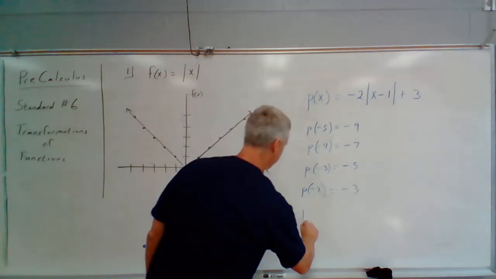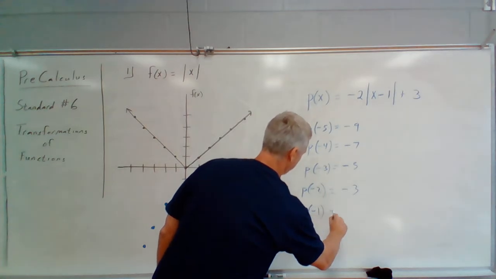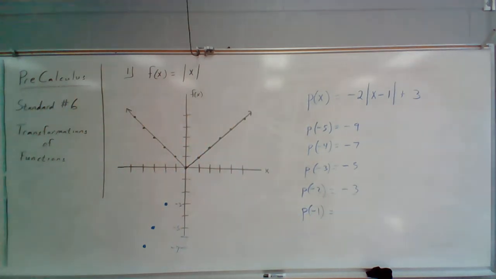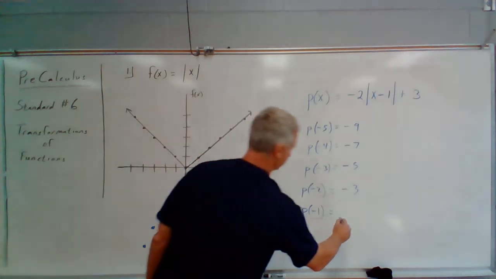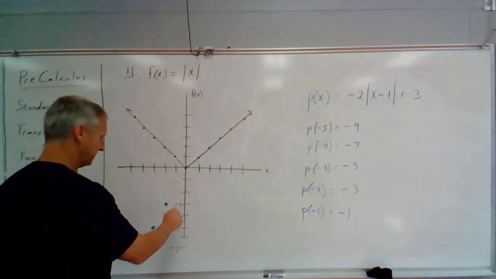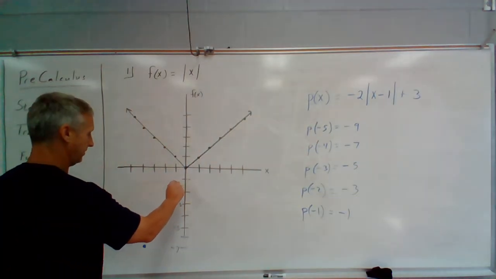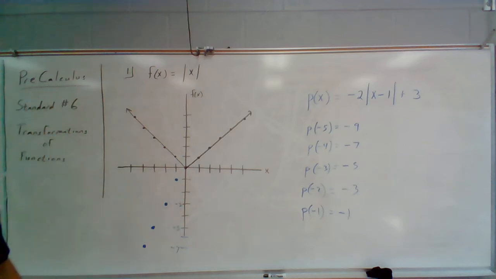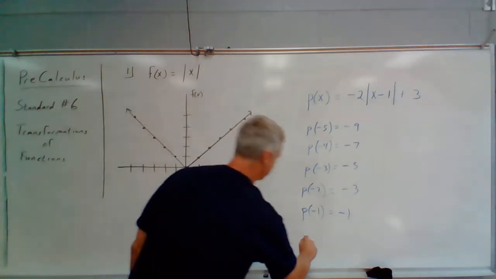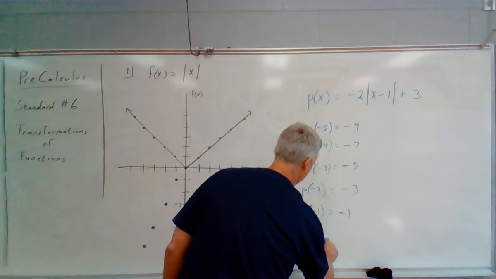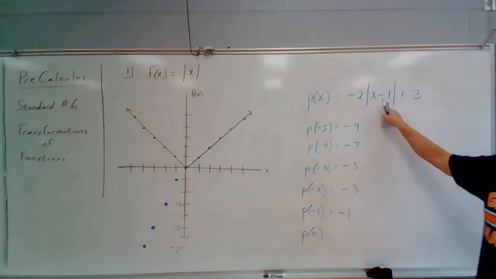P of -1. So I plug in -1. -1 minus 1 is -2. Absolute value of -2 is 2. 2 times -2 is -4. Plus 3 is -1. My little pattern is continuing. And plug in 0, find the initial value. 0 minus 1 is -1.